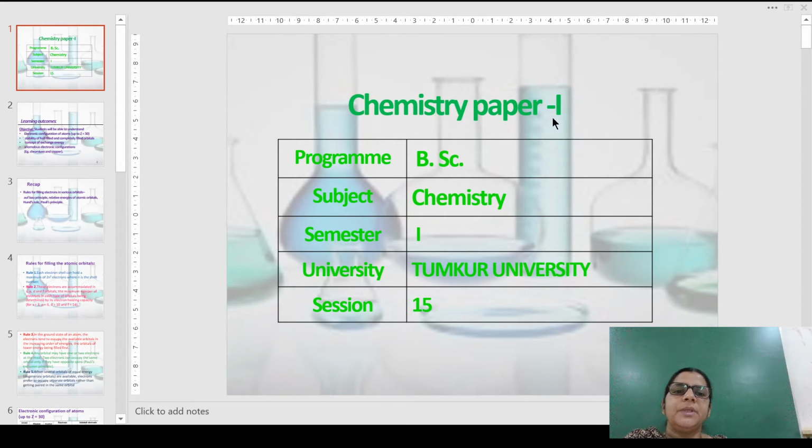Similarly, in the case of copper, the electronic configuration should have been 3d9 4s2, but they have almost similar energy. Therefore, unpairing of this particular s electron takes place with respect to its spin, and it will occupy the 3d orbital. Hence, the electronic configuration has been found to be 3d10 4s1.